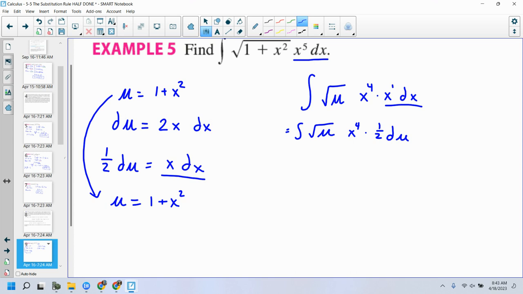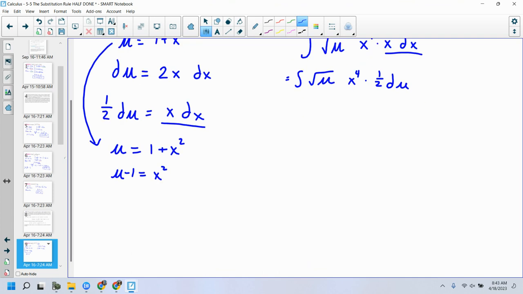Watch when I subtract 1. So what is x to the fourth really equivalent to? u minus 1 squared, right? Square both sides of this, and this gets me an equivalent statement: u minus 1 squared is equal to x squared squared, which is x to the fourth.